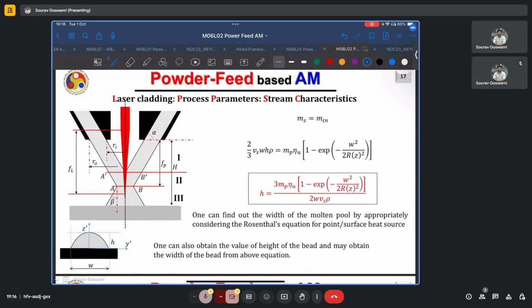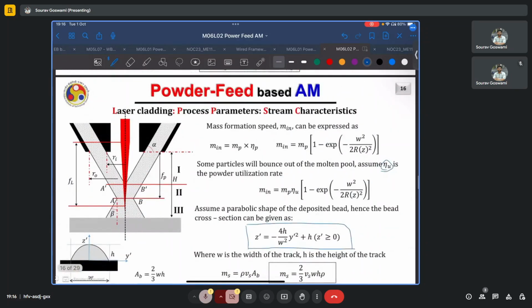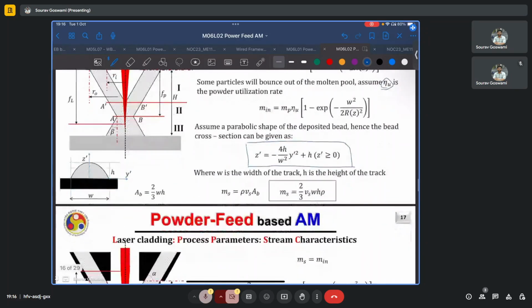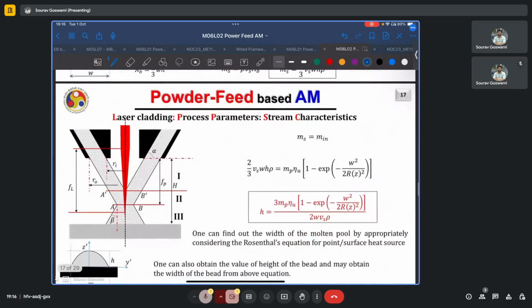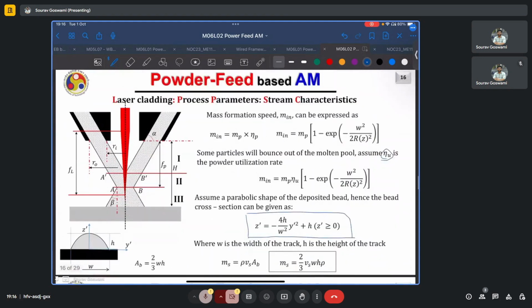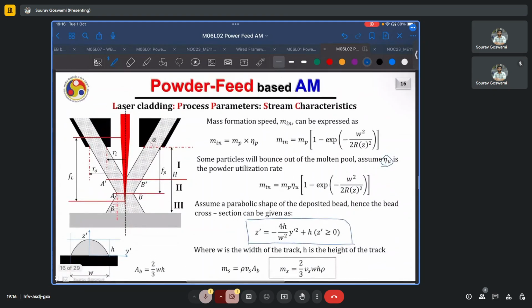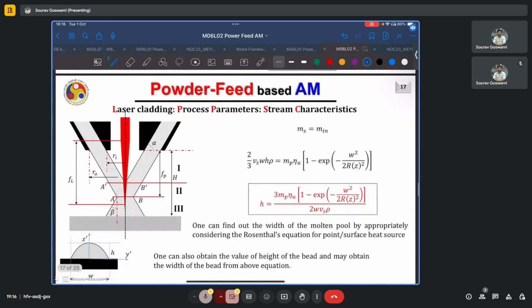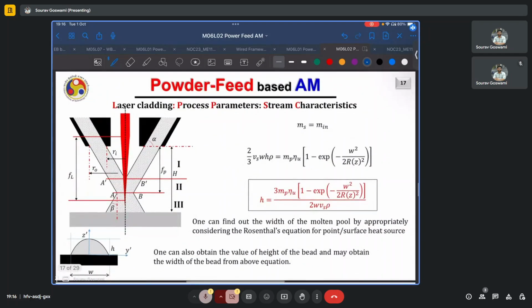This ms should be equal to the mass building. So ms is the mass formation speed, and Mp... okay, is maybe the mass flow rate from the stream.